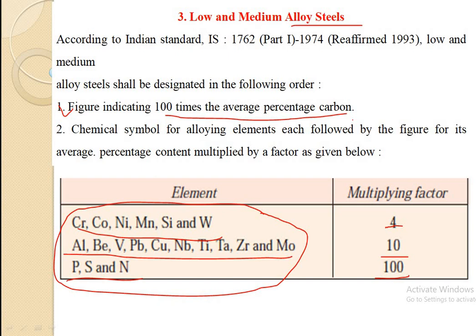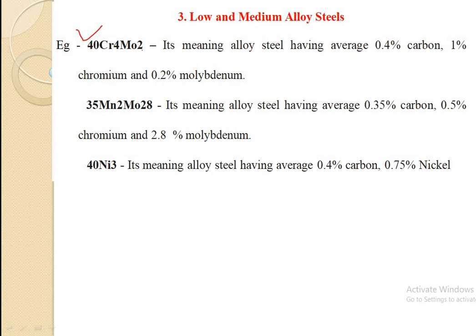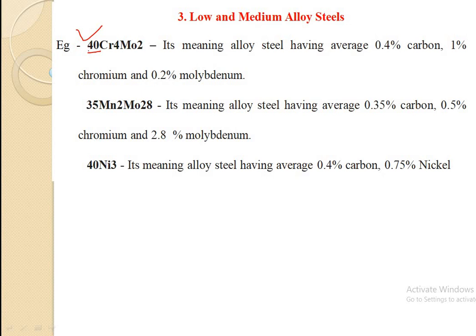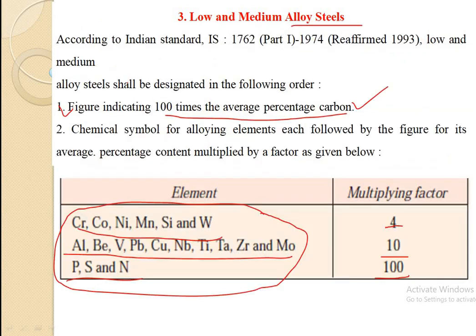Keep in mind. Let's take the example of 40Cr4Mo2. According to the procedure, 40 is 100 times the average percentage of carbon. This 40 divided by 100 gives 0.4 percentage of carbon. The next alloying element is chromium. The multiplying factor for chromium is 4.